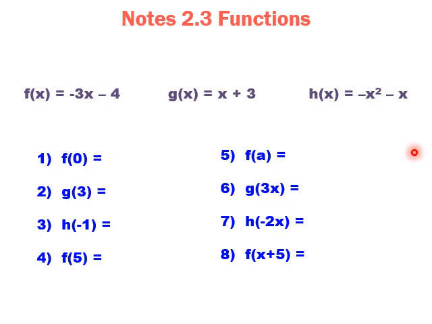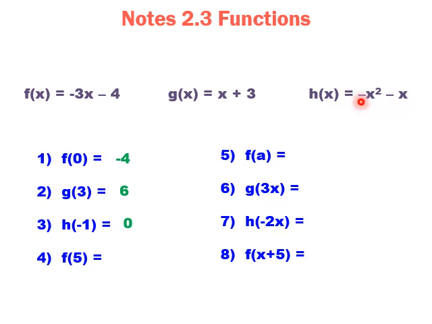All right, so number 1, f of 0, we simply put a 0 in for x, we get -4. Number 2, g of 3, go to the function g, put a 3 in for x, we get 6. H of -1, put a -1 in for x value, go to the function h, and plug in, instead of these x's, plug in -1, and we get 0.